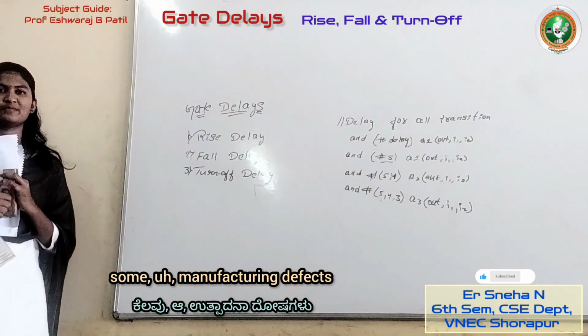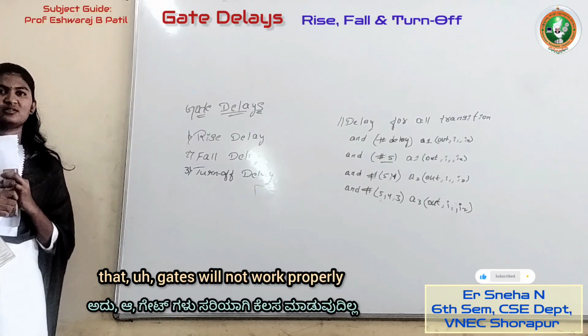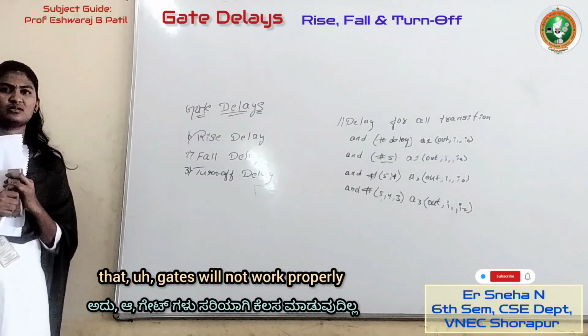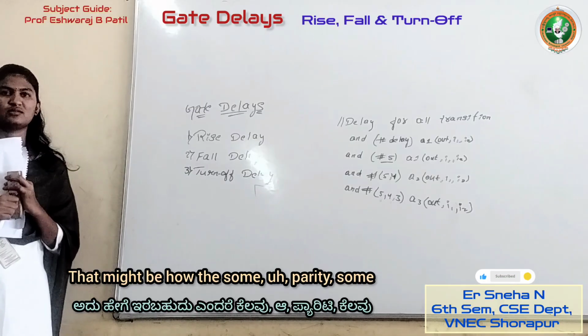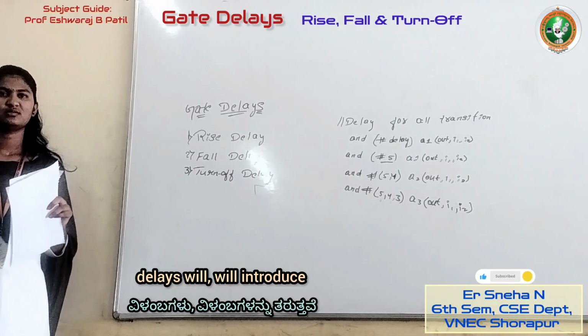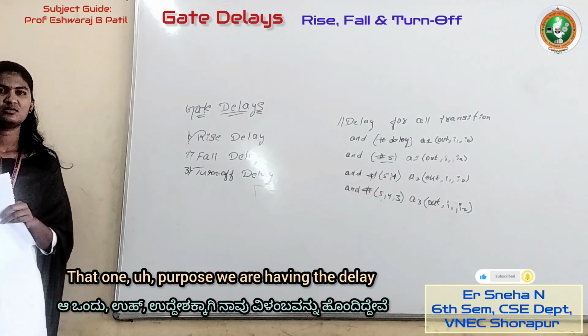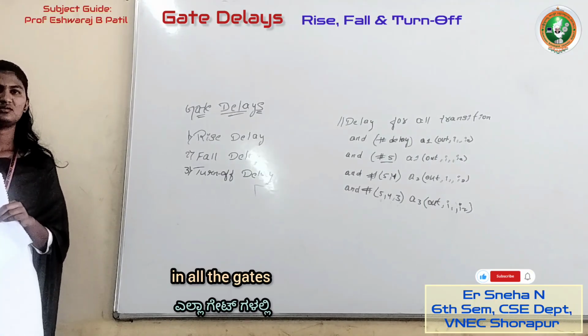There might be some manufacturing defects that will introduce delays, and the gates will not work properly. Some kind of delays it will introduce, so we give some delays over there. That is one purpose of having the delay in all the gates.